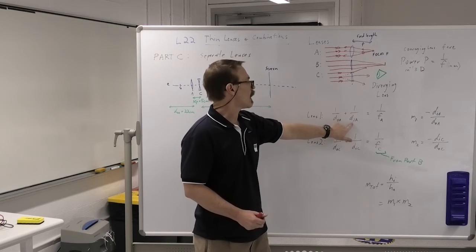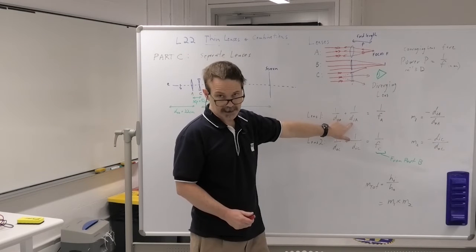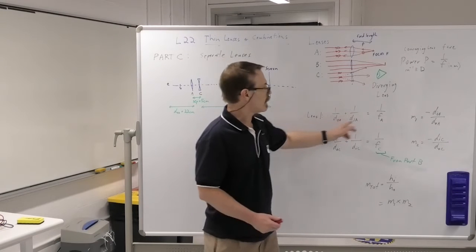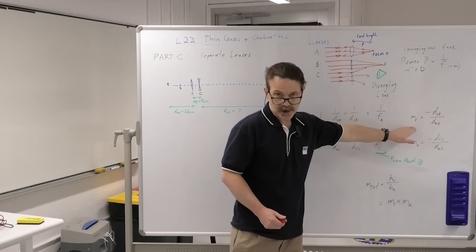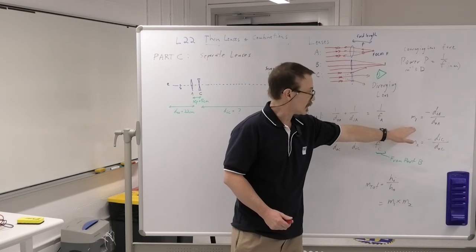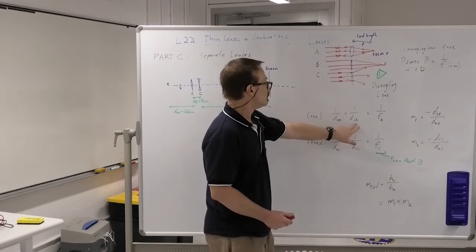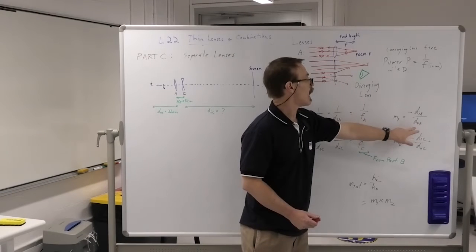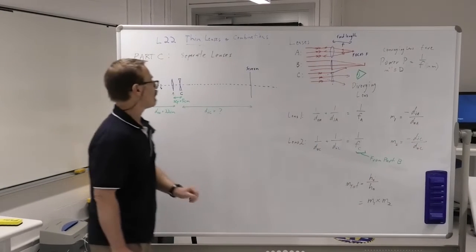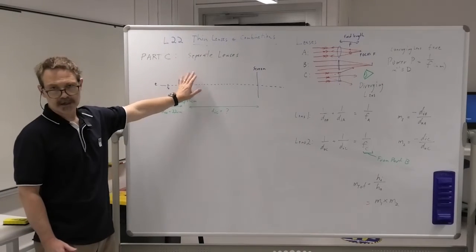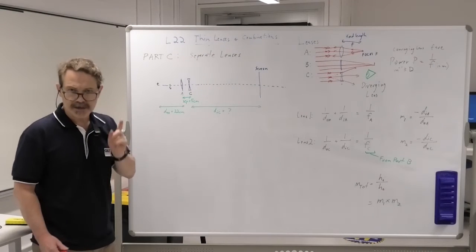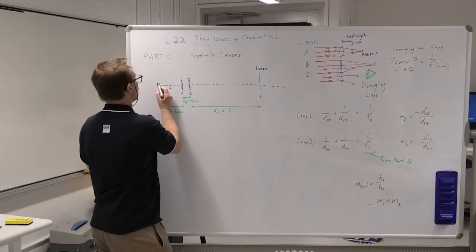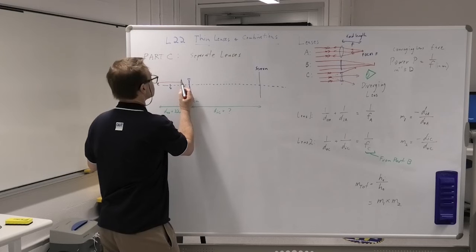You can actually calculate what the image distance from lens A is supposed to be. Now, if lens C wasn't there, it would have magnified the image, and you could work out the magnification of lens A using this image distance divided by that object distance, minus DIA over DOA, and get that as if lens C never existed.